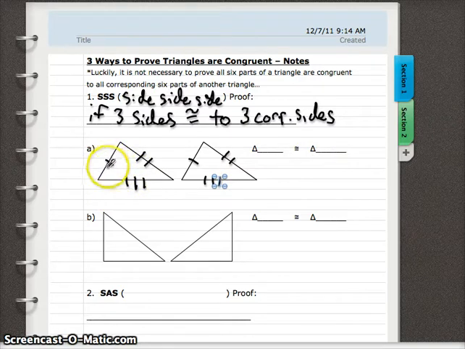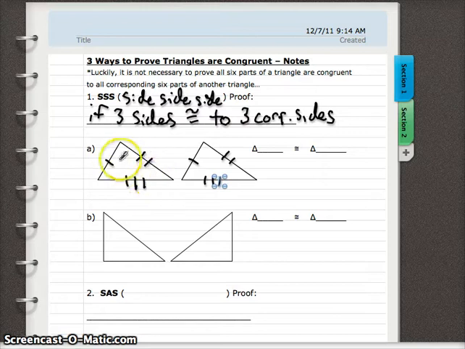To say that sides or segments of a triangle are congruent, we use these little hash marks here. You get a tally mark or hash mark starting with 1. Then if you measure a second side, you put 2 marks, and you keep going for however many sides. In triangles, we'll only do 3 different sides.